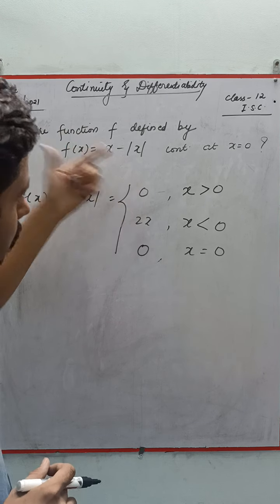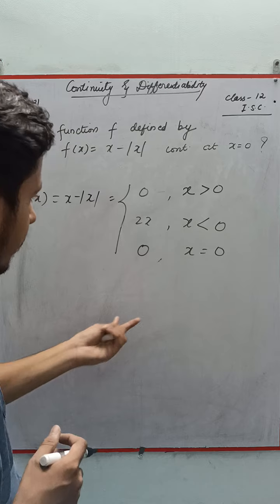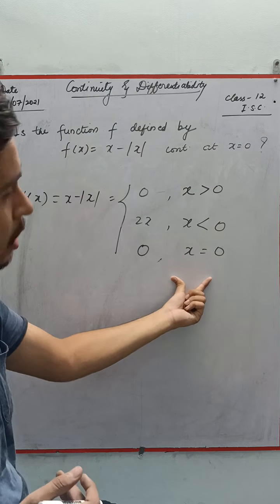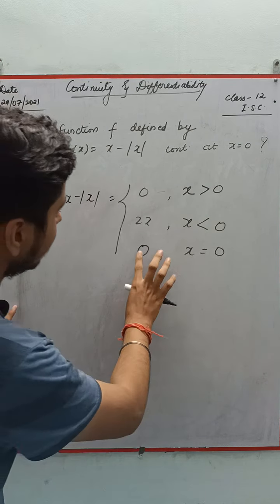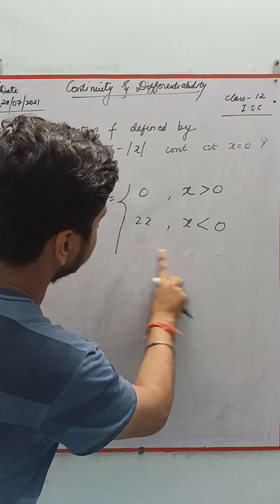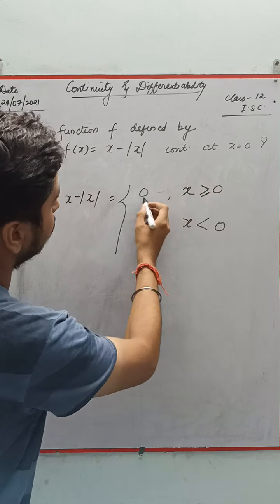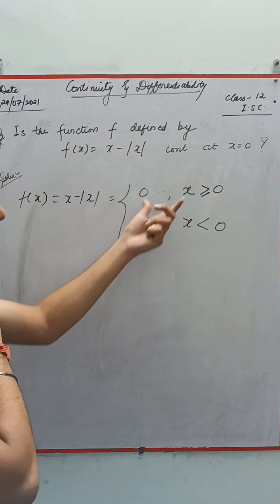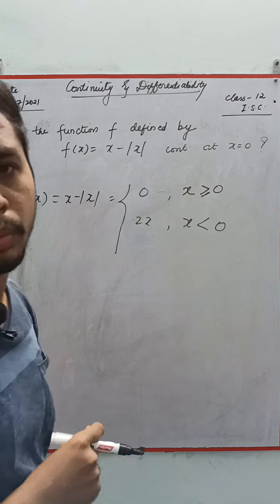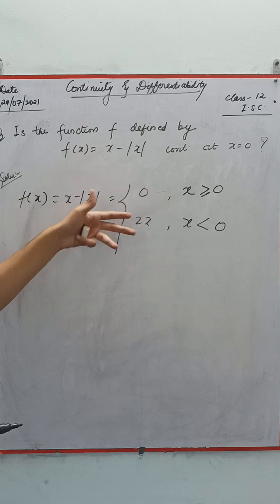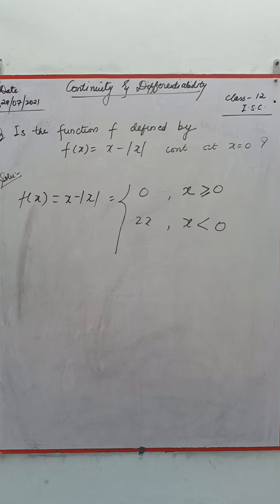So it's totally your choice whether you write it in these three ways, or directly remove this and say when x is greater than or equal to 0, we are getting 0. So instead of writing 3, you can write 2. It's your choice whether to write 3 or 2. Both are correct.